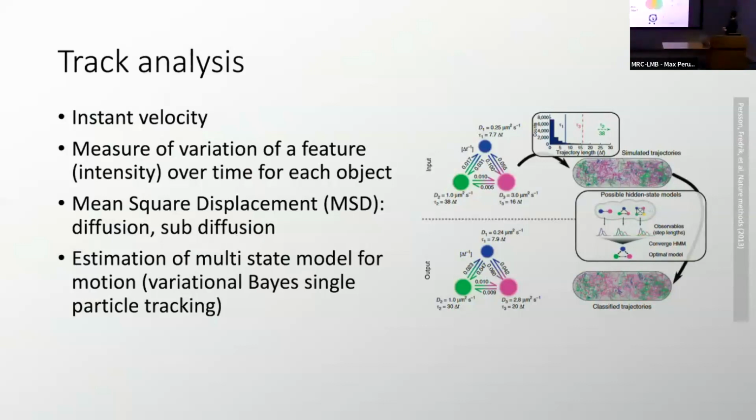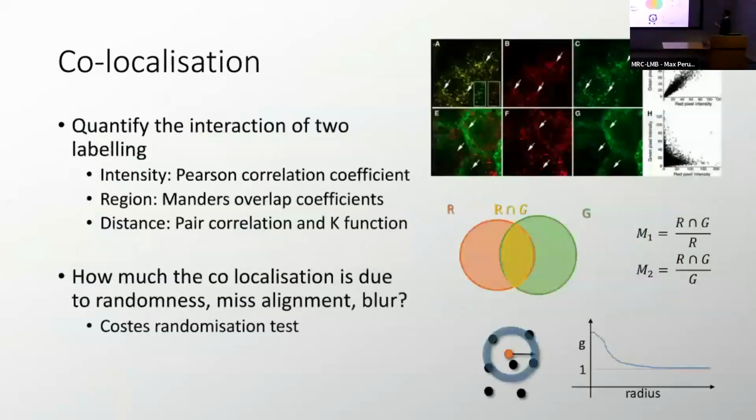Another thing you can do, without even too much pre-processing, is colocalization, basically finding the interaction between two proteins or labels in your data. You take an image with at least two channels. Here in yellow, it appears yellow because the red label and the green label are basically overlapping perfectly.